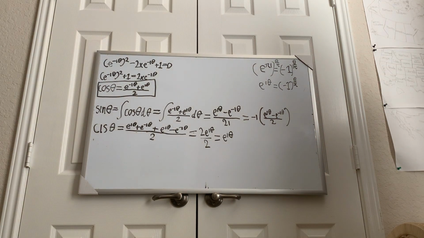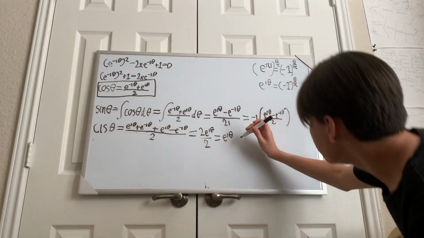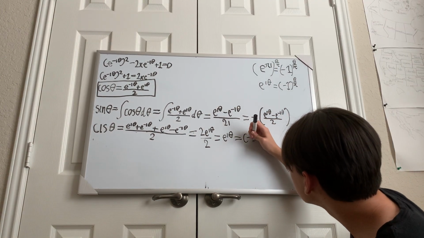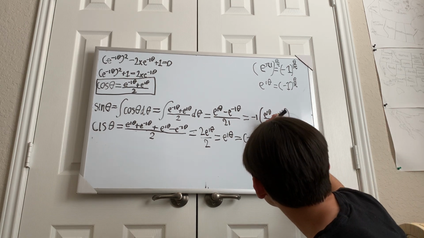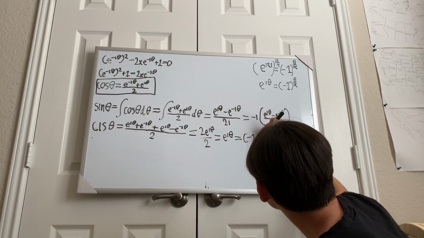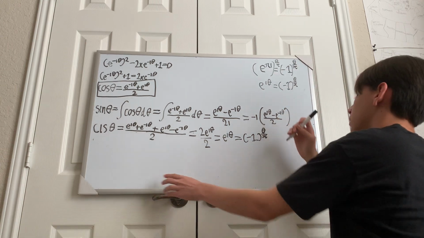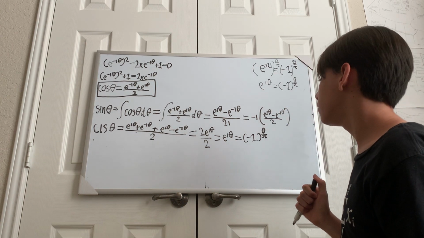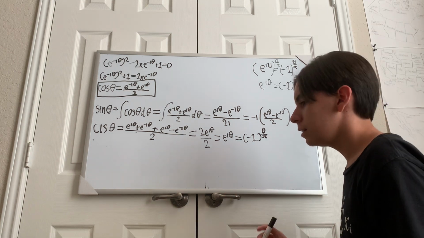So now we can equate this to -1 to the theta over pi. And now we can solve for -1.